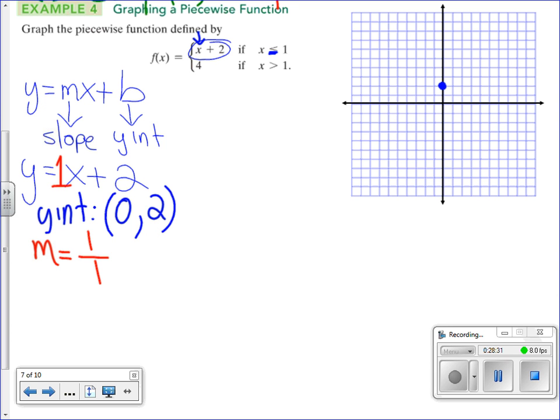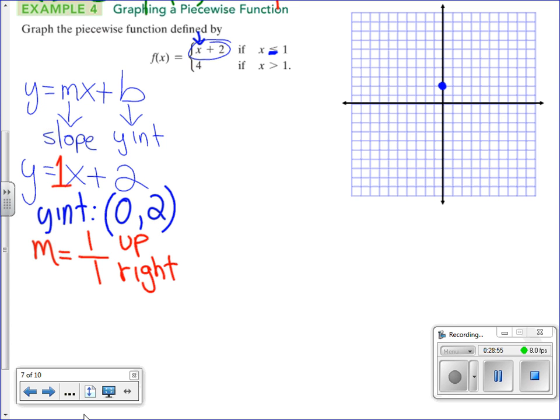So what does that mean in terms of going up, going down, going right, going left? Don't you go up and then right? Very good. So the rise over run, you go 1 up and 1 right. Thank you, Beth.